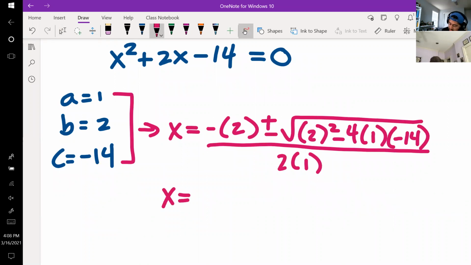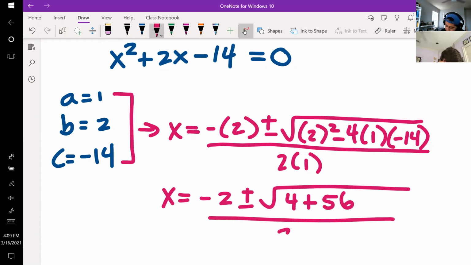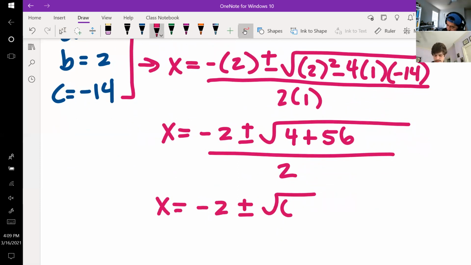Clean up. x equals negative 2 plus or minus the square root of 4. And negative 4 times negative 14 gives me 56, all over 2. Clean up some more. x equals negative 2 plus or minus the square root of 60 over 2.